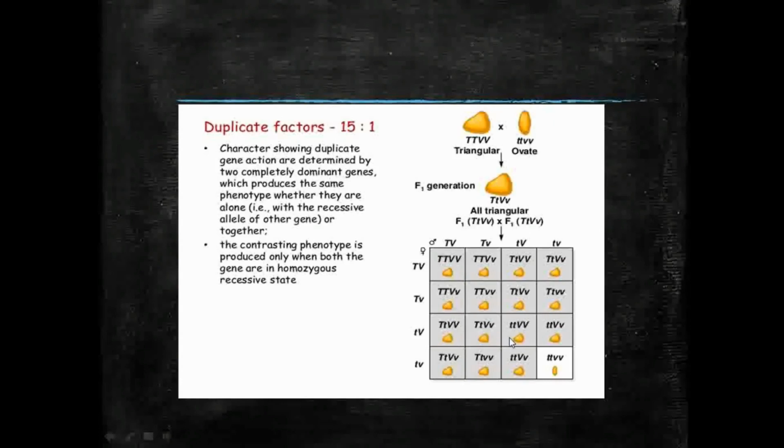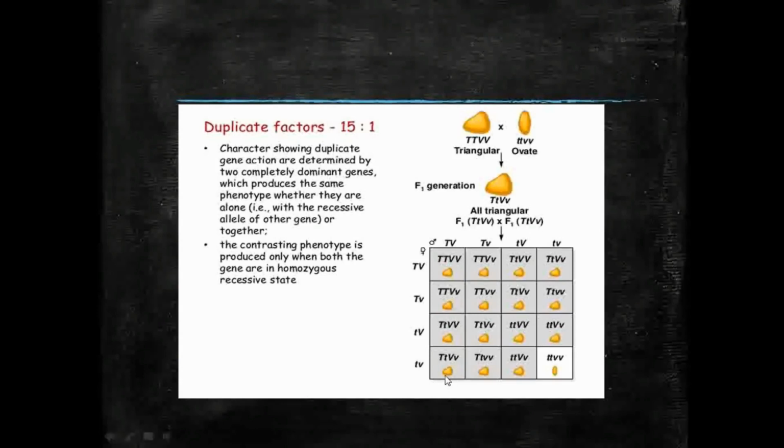So all of these genotypes, in some cases both T and V are dominant, in some cases one is recessive, another one is capital, but still as it produces the same phenotypic effect, the fruit shape will be triangular.